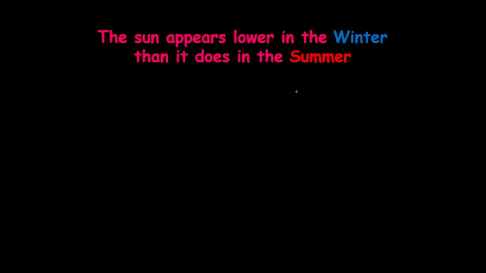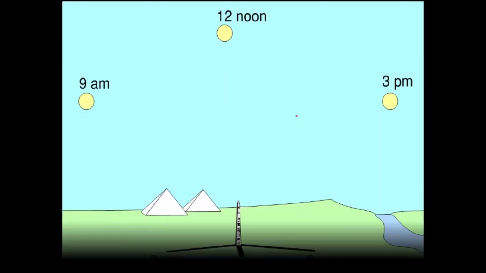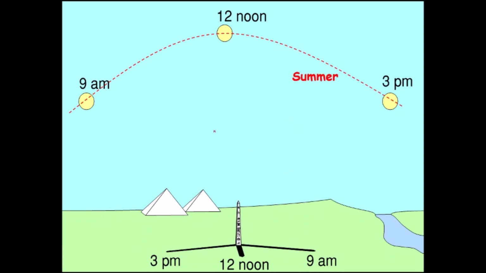So, the sun appears lower in the winter than it does in the summer. If you can see, the Earth rotates so that the sun is higher, okay, in summer. So, we're perhaps getting more sunlight.